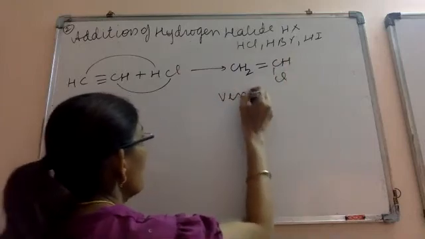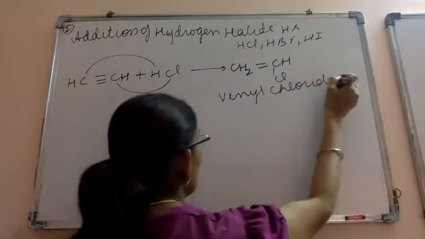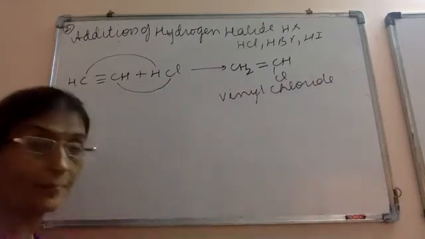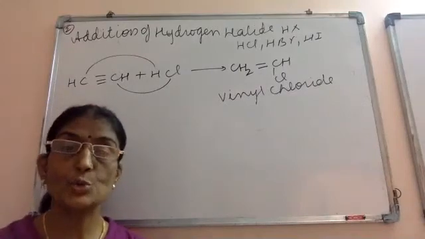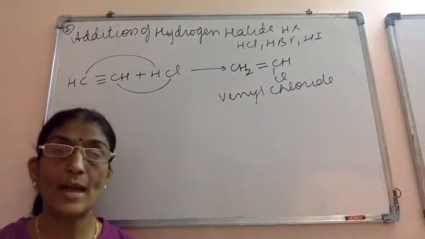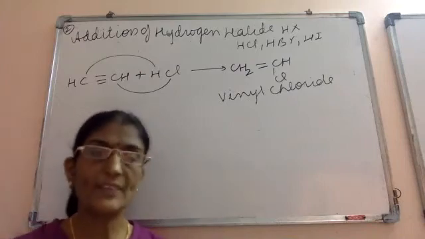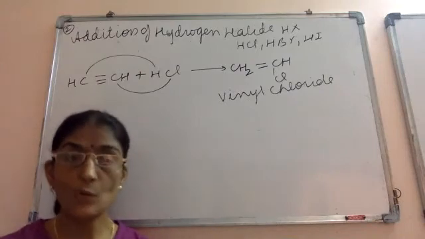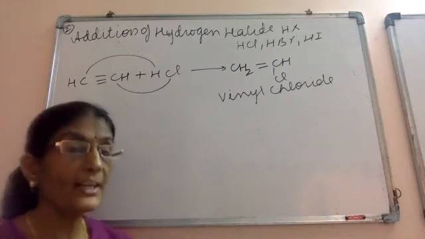Its common name is vinyl chloride. When it is C2H5, it is called ethyl. This CH2 double bond CHCl is known as vinyl chloride. Common name is vinyl chloride. What is the IUPAC name? IUPAC name is chloroethene.